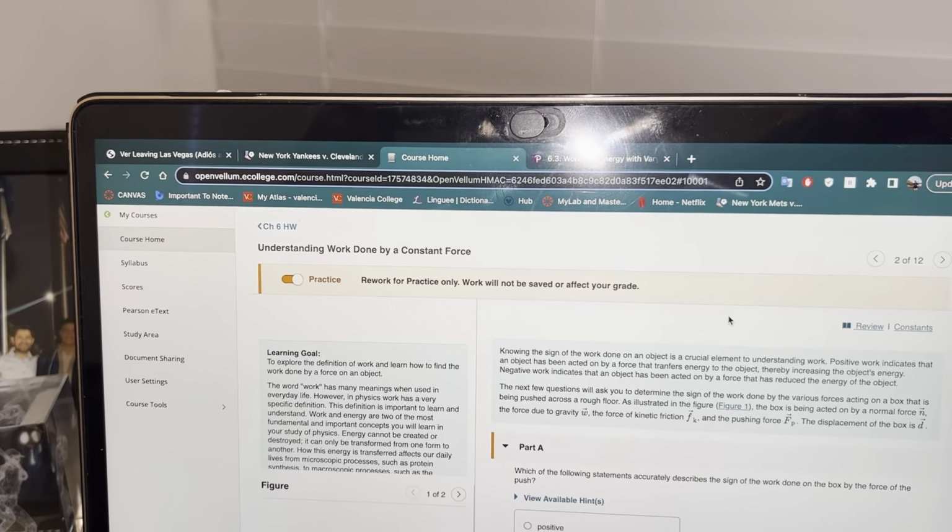Then the spring is being compressed. So this is x, the distance from the equilibrium to the compressed spring. And this is the force of the spring.